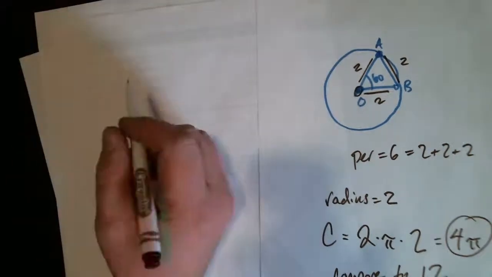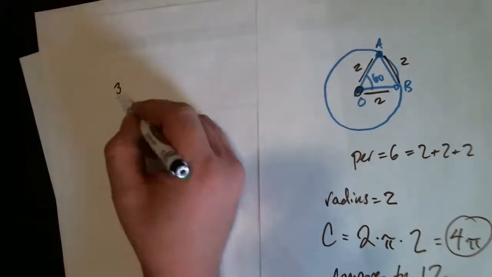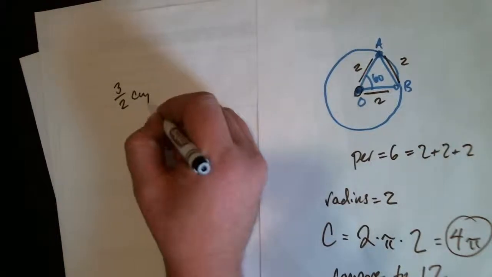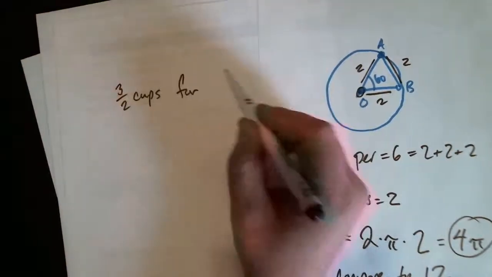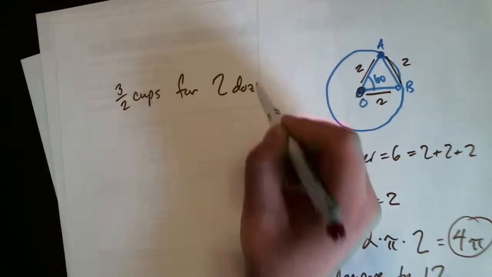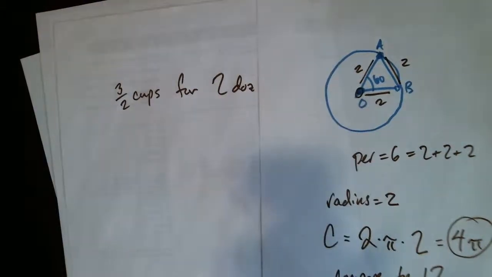Okay, so we need 3/2 cups for 2 dozen. And we're asked for 30 cookies. Immediately, the word dozen, be thankful for being a native English speaker.